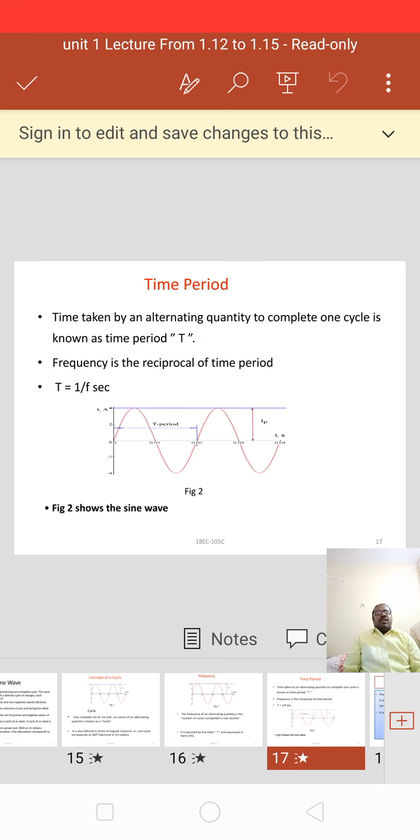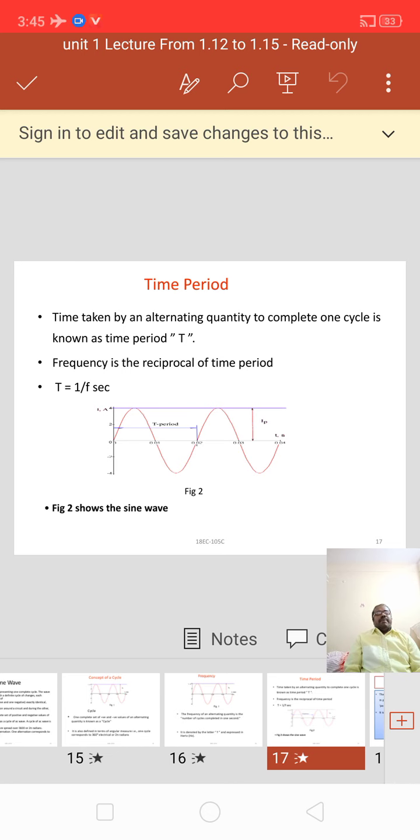Now we will learn a new concept named time period. Time taken by an alternating quantity to complete one cycle is known as time period.